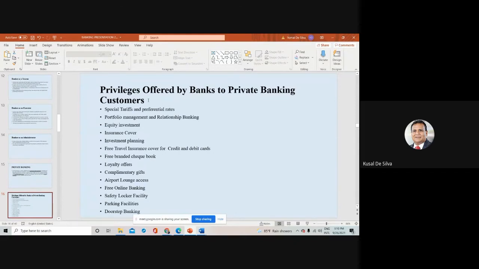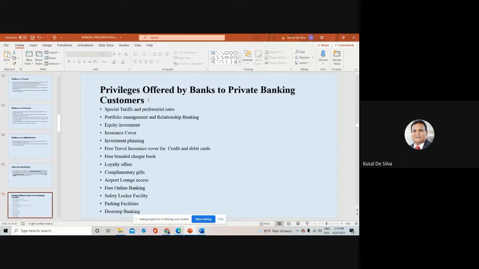And relationship banking is where you have a dedicated person to cater to each and every customer. One relationship manager may handle 10 to 15 customers, or a little more sometimes. They get a dedicated, specialized service through that relationship manager.